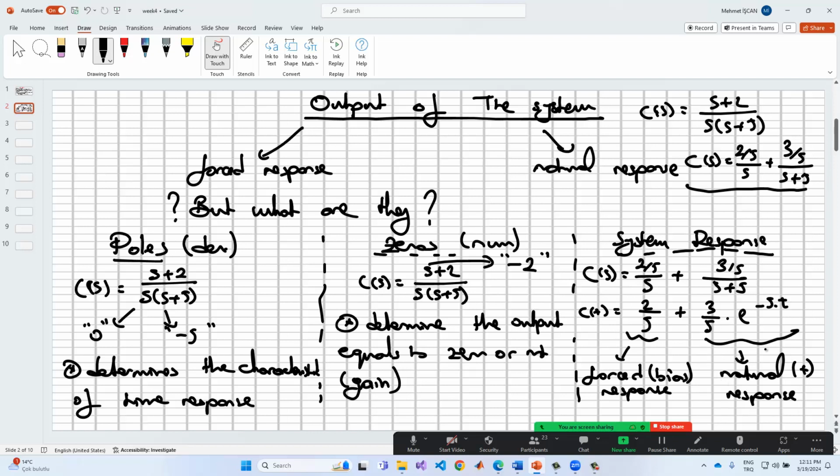But this is the natural response of our system design or system response, and this is entirely dependent on time. Okay, and so this system behaves based on these response characteristics, which is known as the natural response. Okay, so any question?